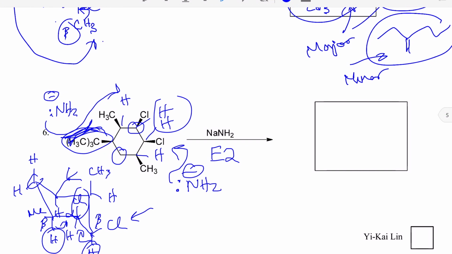So this is actually the ideal proton to deprotonate. And so when we do that, we actually get a double bond here, and we kick out this chlorine atom. And this ultimately gives us the following product.